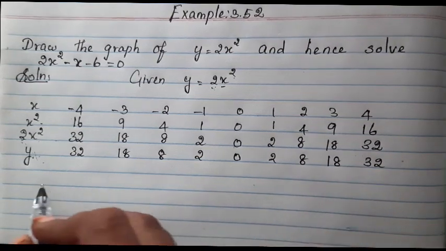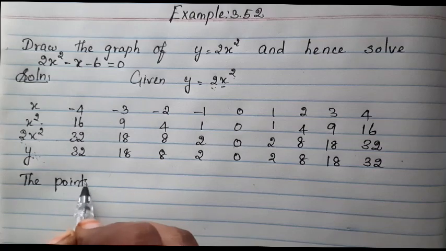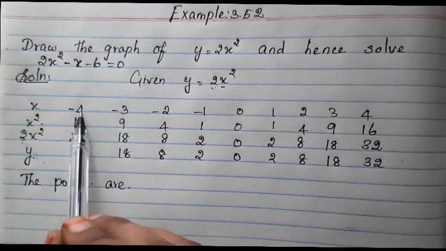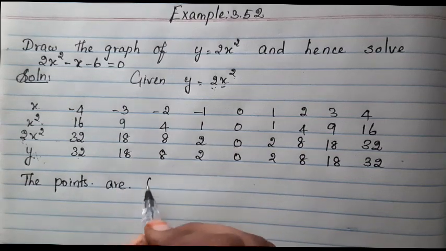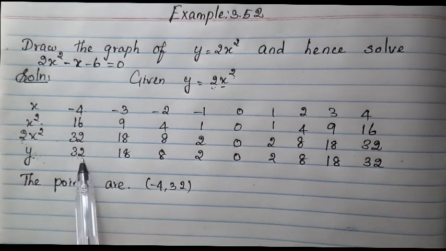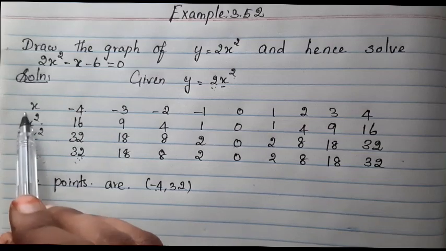Next we have to write the points. It is easy for us to plot. See, minus 4 comma 32. You have to choose it as an x comma y pair. The first coordinate is the x value, the second coordinate is the corresponding y value.